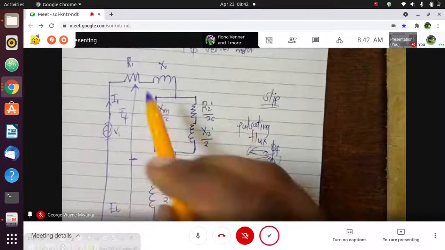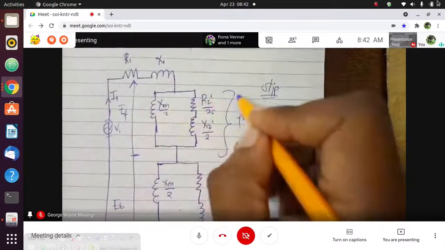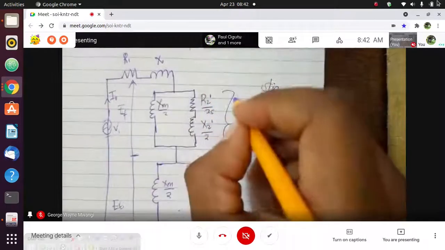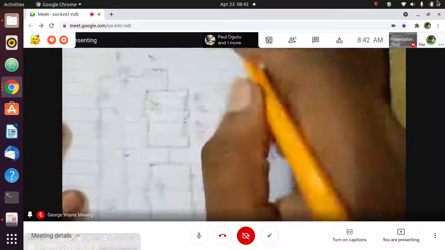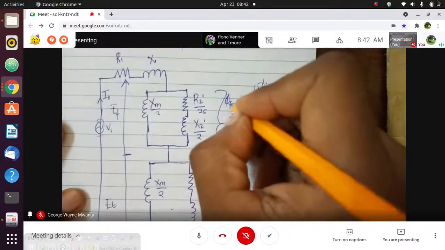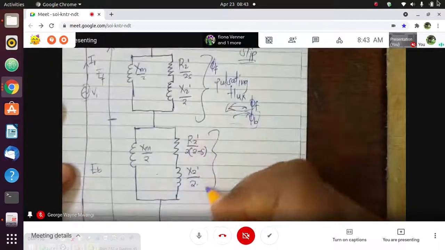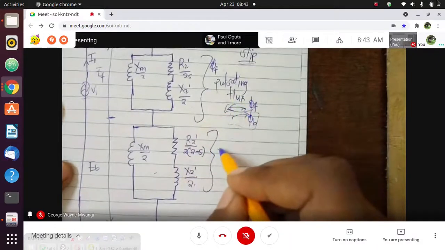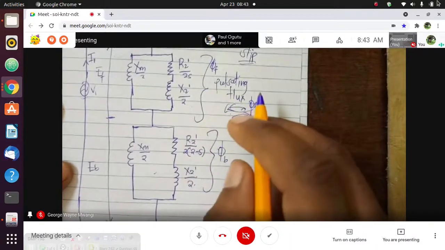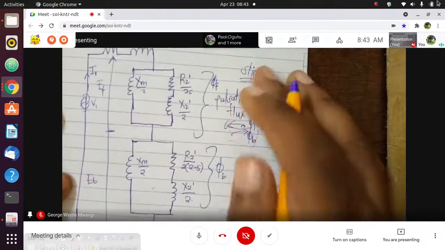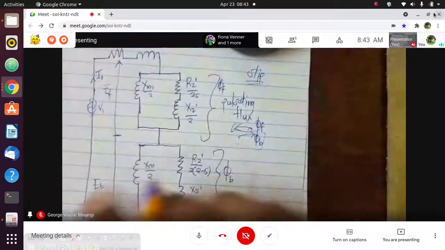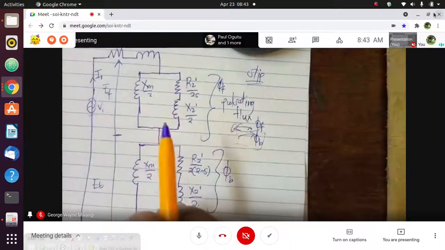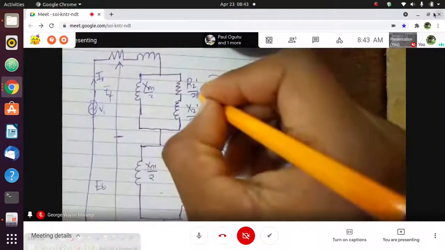Now this here is the circuit of the rotor when it is influenced by the forward moving flux. And this here is the circuit of the rotor when influenced by the backward moving flux. Now, if the rotor is at standstill, the value of resistance will be over 2.